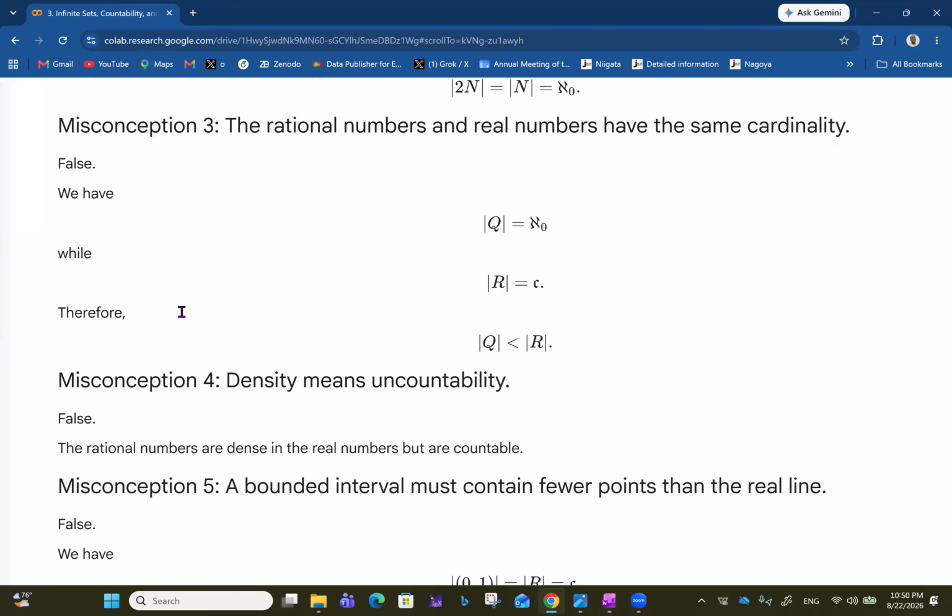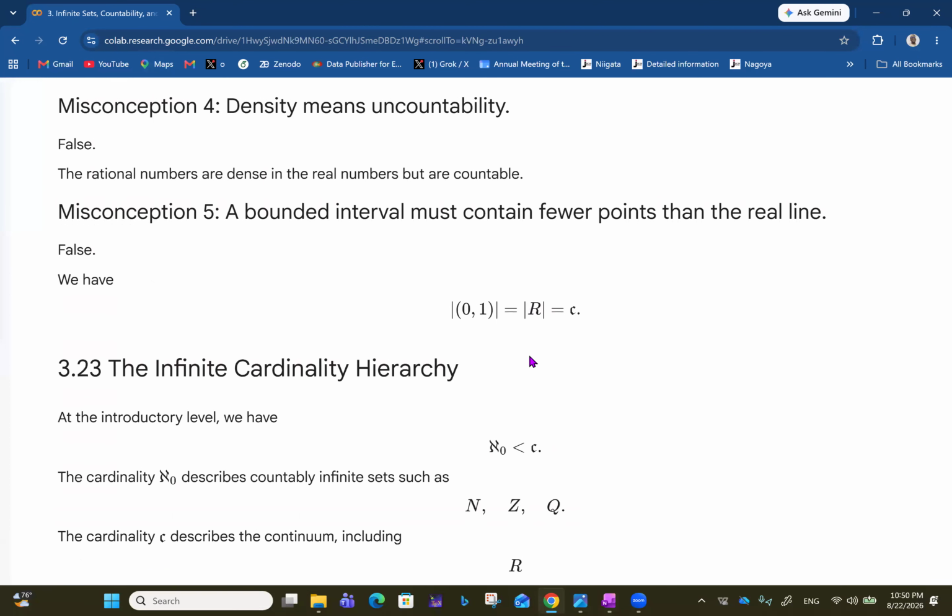Misconception three: rational numbers and real numbers have the same cardinality. False, because the cardinality of rational numbers is aleph zero, while the cardinality of real numbers is the continuum cardinality. Therefore, the cardinality of rational numbers is less than the cardinality of real numbers. Misconception four: density means uncountability. False.